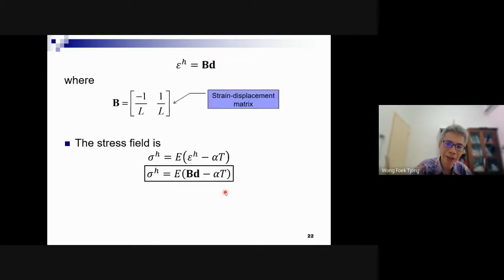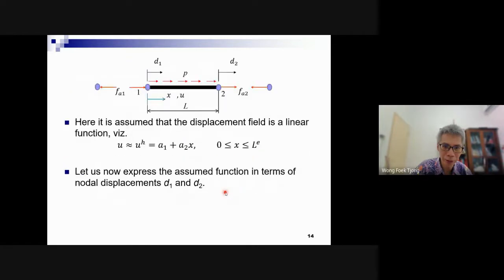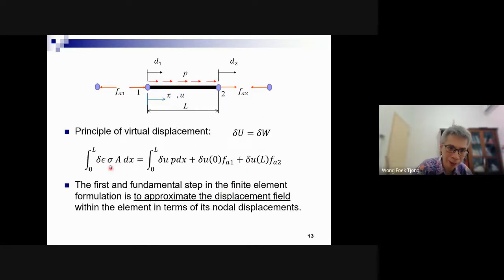Well, as you can see, let's go back to our expressions where we have defined sigma. Sigma can be replaced by sigma h. But here we have virtual displacement and virtual strain.